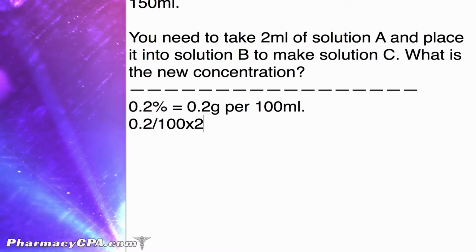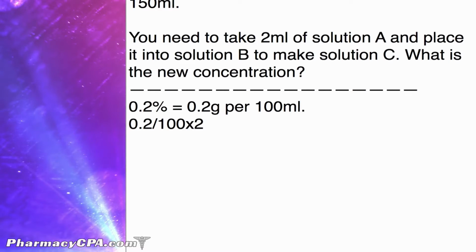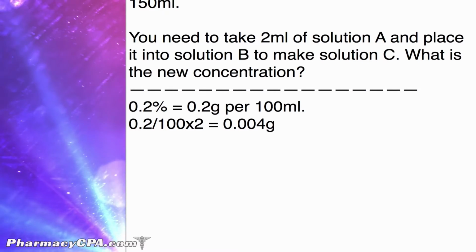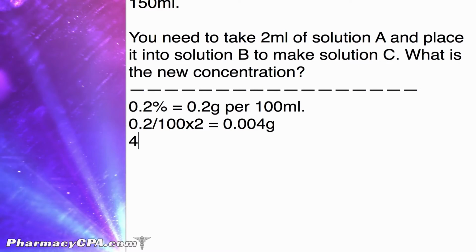Okay, so 0.2 divided by 100 times 2 is 0.004. And what is that? That's grams, isn't it? Okay, convert, what's that in milligrams? 4. 4 milligrams, good.